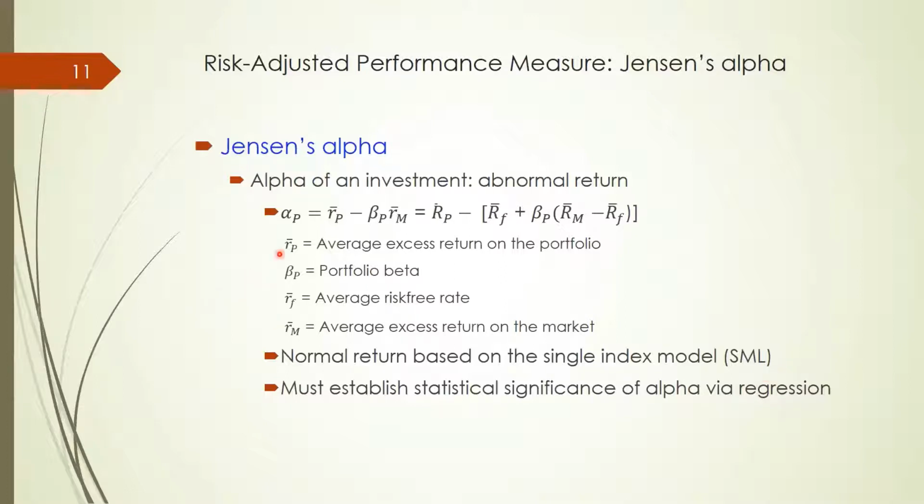So here we use the index regression model and historical returns of the portfolio as well as the market index to evaluate whether the alpha of a portfolio is significantly different from zero. We will rely on the statistical significance of the index regression coefficients to determine whether alpha exists. So Jensen's alpha refers specifically to the abnormal return relative to the single index model, the CAPM.